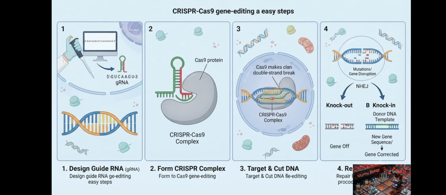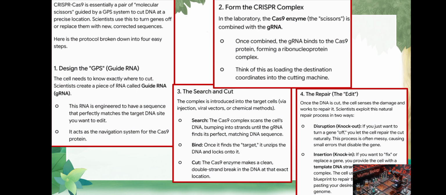And when a new strand along with Cas9 is added, carrying the DNA part that has to be added into the gene, it is known as knock-in. So now you know how CRISPR-Cas9 works.